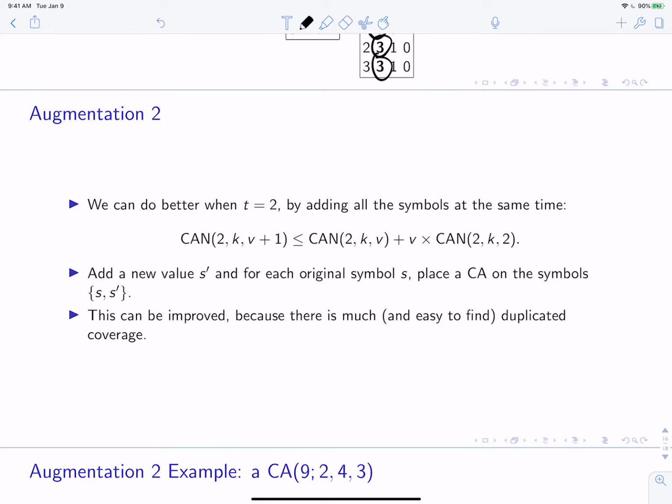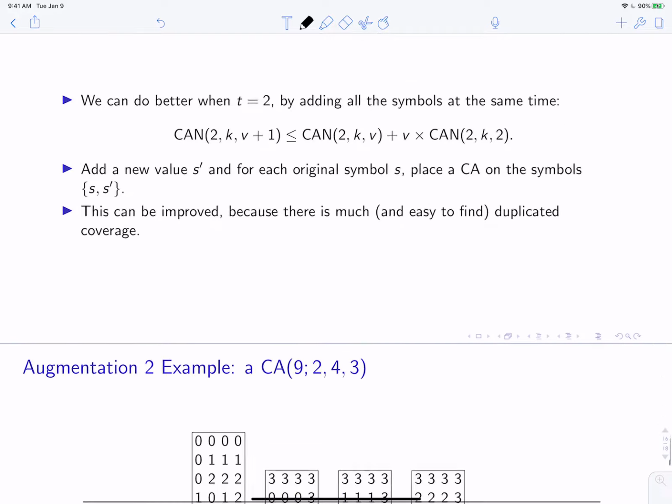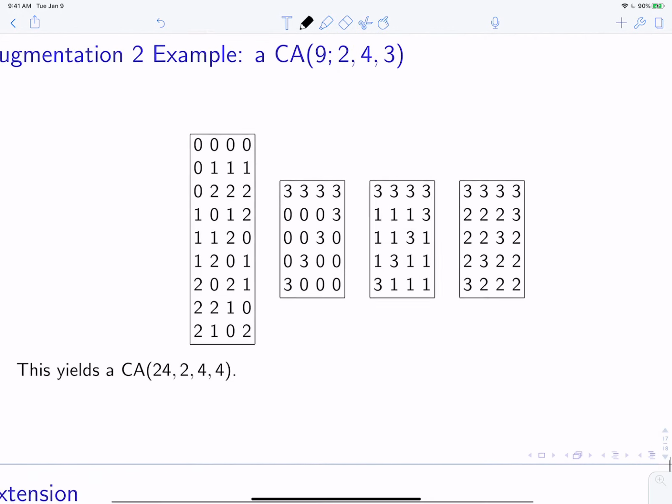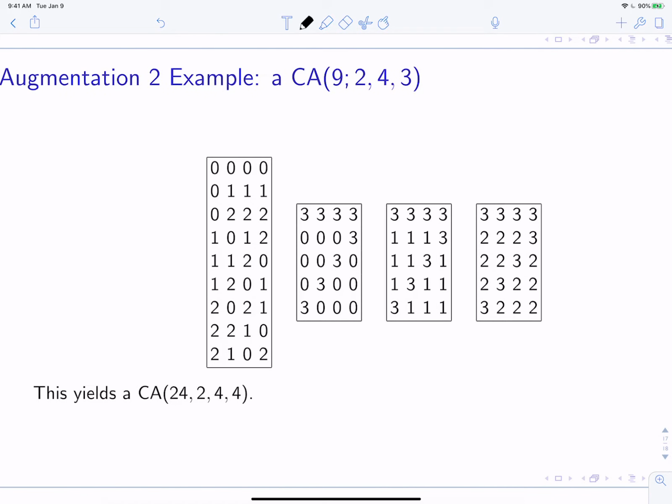What you can do for strength 2 is you can add all the symbols at once. So the basic idea is, for strength 2, here is a strength 2 covering array on, I think, 9 rows with 3 symbols.